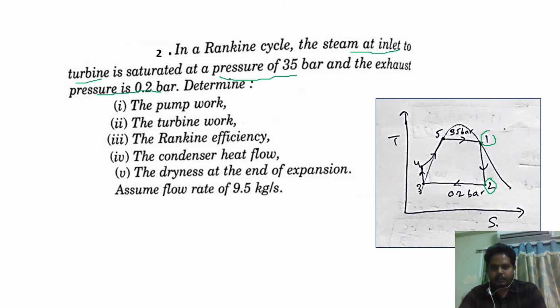The point 1 is the inlet of the turbine, the point 2 is the exit of the turbine. At point 1 the pressure is 35 bar. At point 2 the pressure is 0.2 bar. Now from this data we have to find the pump work, turbine work, efficiency, condenser heat flow and dryness fraction.